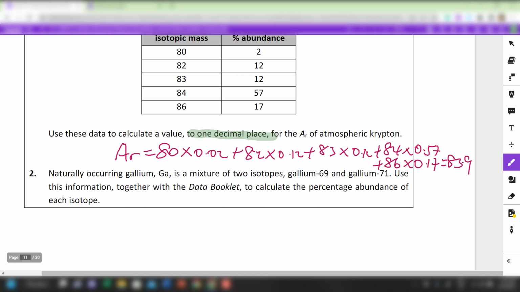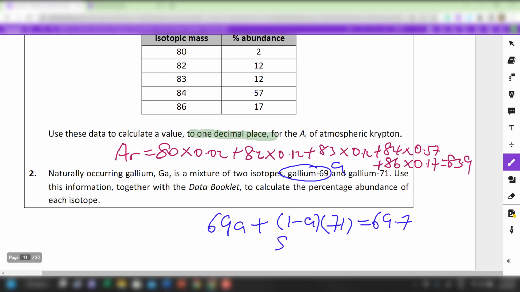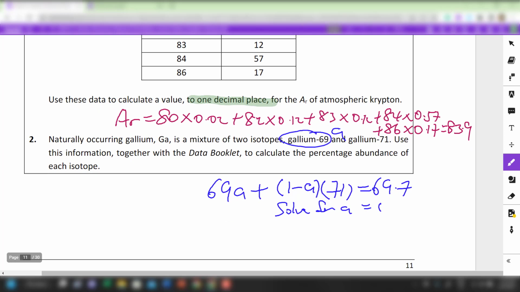So again, we use the same logic. We let the fraction of gallium-69 be A. So that will be 69A plus (1 minus A) times 71 equals 69.7. Okay, so we'll solve for A. We take the calculator, we punch, and we should get 0.65.